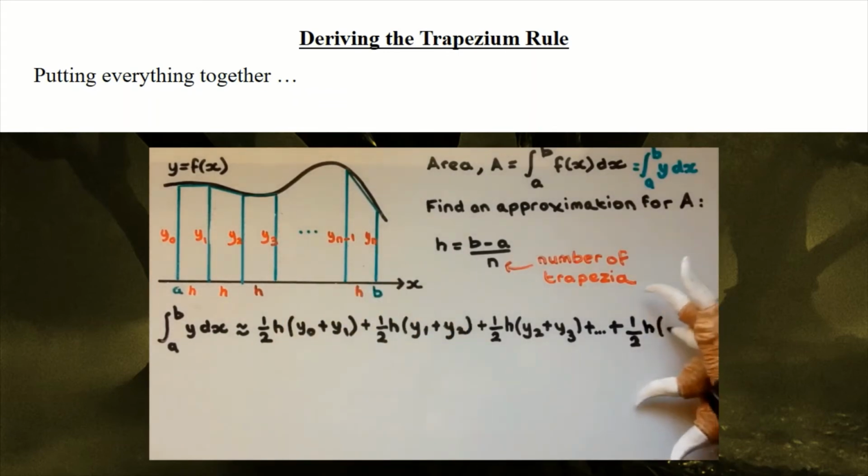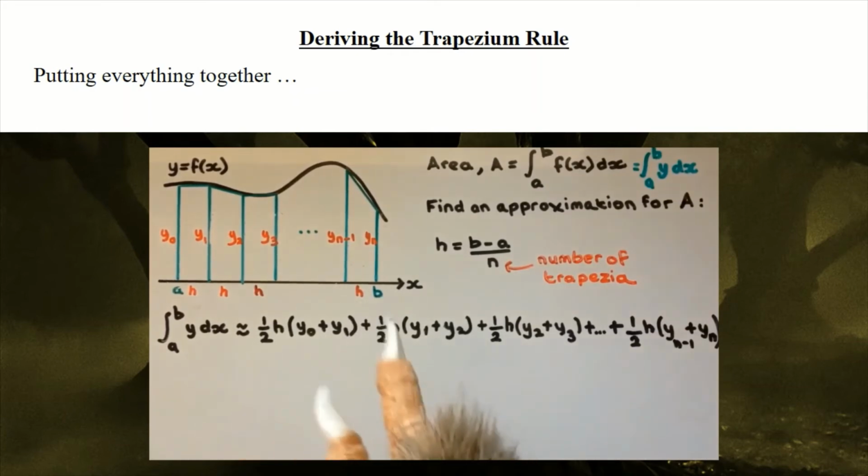So this is going to be y of n subtract 1 plus y n. Does that just fit on? I may have got away with that. Just about. Alright, so that's just adding up each area individually.